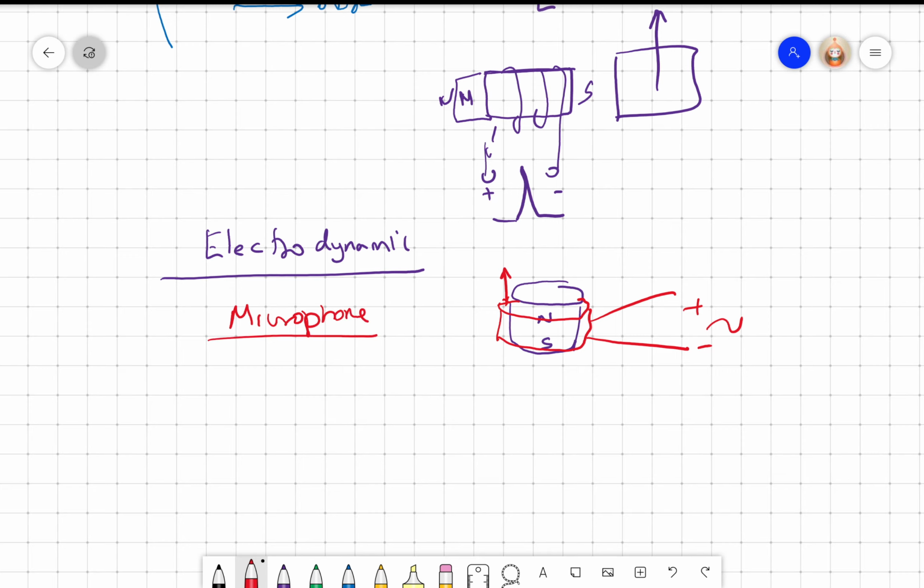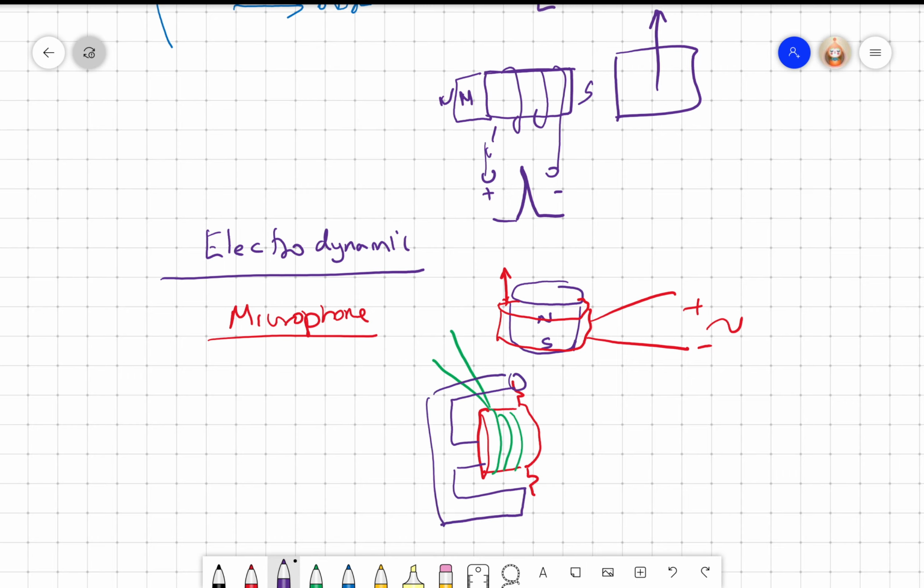So if I look at the microphone, you have the diaphragm. The diaphragm is attached to a coil, right? So you have a coil here, and the wires are taken out, and you have a magnet that encompasses. So this is a magnet, and this is again centered like this.